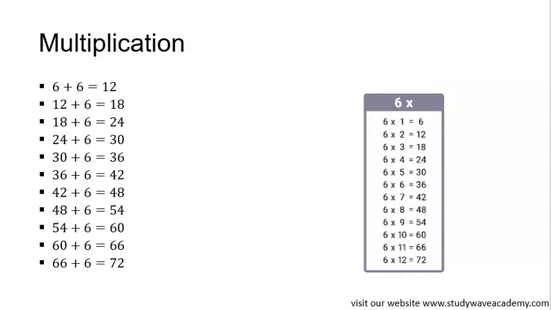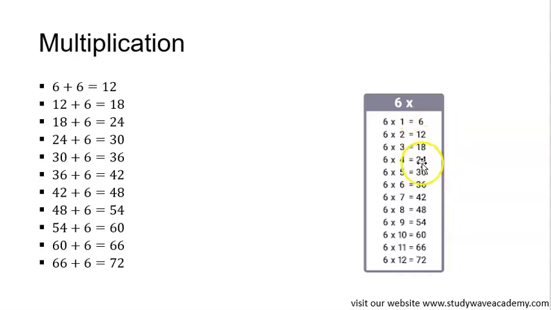Next, let's look at 6 times table. We have looked at 2, 3, 4, 5. Next is 6. This is 6 times table. So it's adding, okay? 6 plus 6 is 12. Starting from 6 times 1 is 6. You add 6 to 6 is 12. You add 6 to 12 is 18.